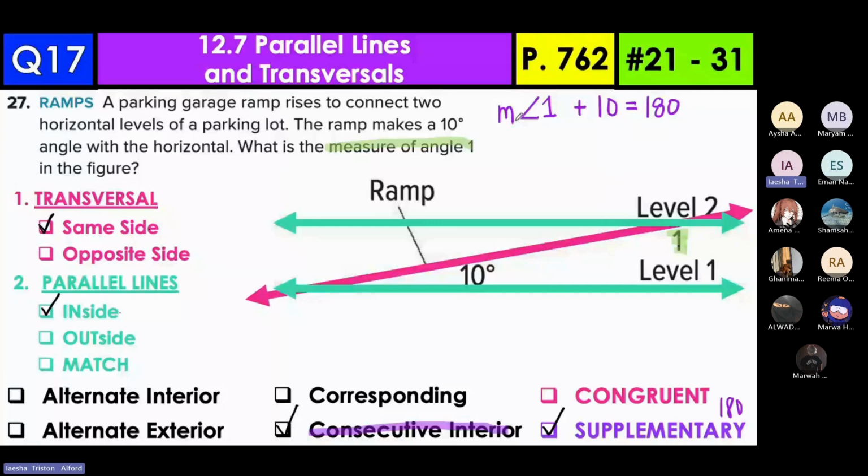If you do not like the measure of angle 1, put x plus 10 is equal to 180 and solve. The important thing is that you write the correct equation and solve it correctly. If you subtract 10 from both sides, x is going to be equal to 170 degrees. Put the correct number back in your picture.